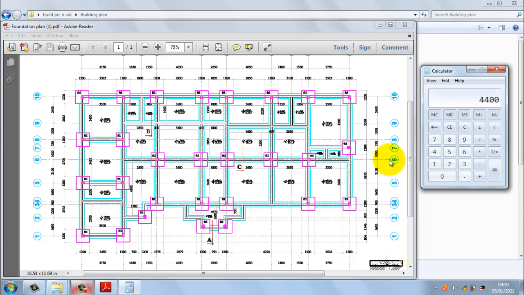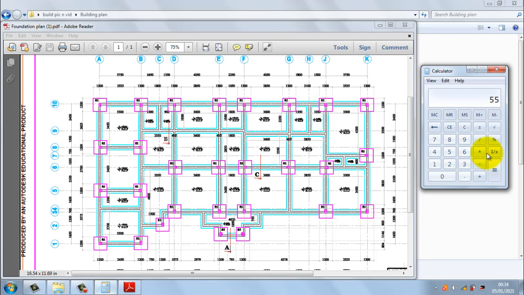So what it means is, if you have 4,400 blocks, it's going to be 4,400 divided by 80. So that gives you 55, and then we said 2 bags for that. So now you just have to multiply this 55 by those 2 bags per day, which equals 110 bags of cement to lay all the blocks that are required for the first floor.